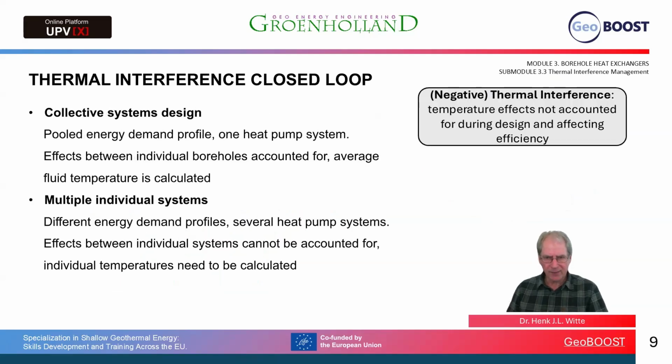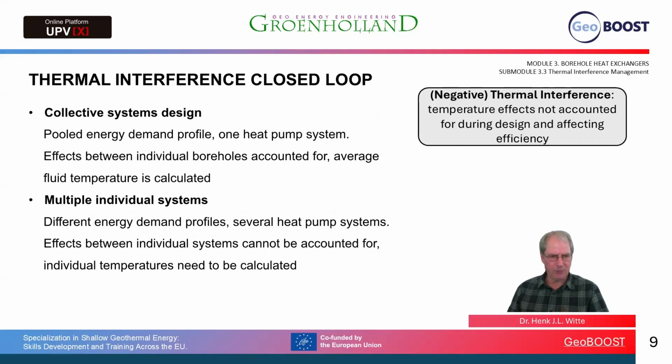So, negative thermal interference: temperature effects not accounted for during design and affecting efficiency. With collective systems, you have a pooled energy demand profile. So if you have 5 different houses with 5 different energy profiles, you add them all up together and you treat it as one heat pump system. The effect between individual boreholes is accounted for, but we get average fluid temperatures.